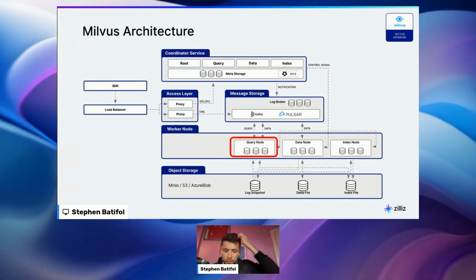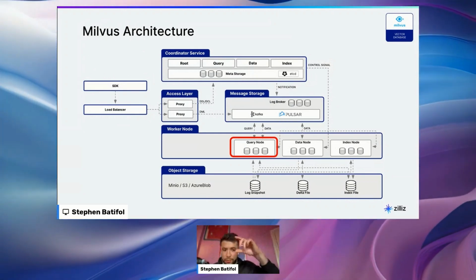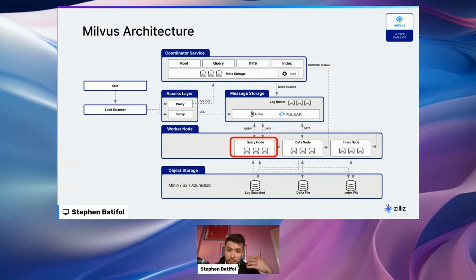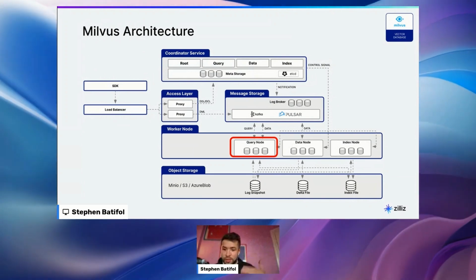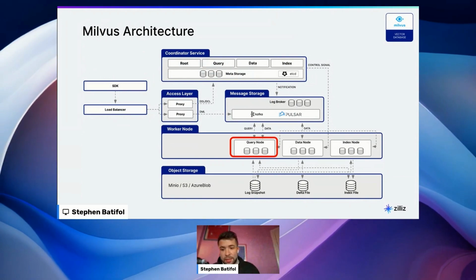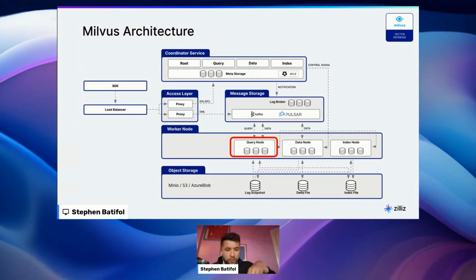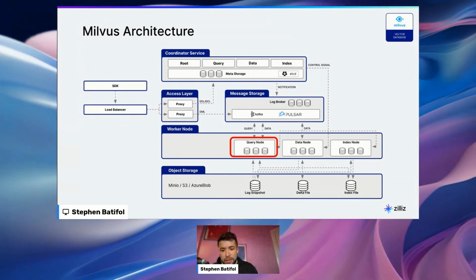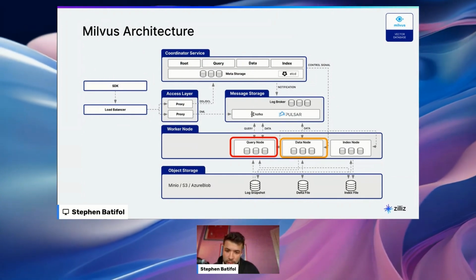I will talk about those later, but they're basically temporary in-memory structures. It also has access to historical data that you store on S3 or MinIO or whatever you want. This is also what allows you to perform hybrid search, to combine vector and scalar data. Then you have the data node, which you can see in orange.